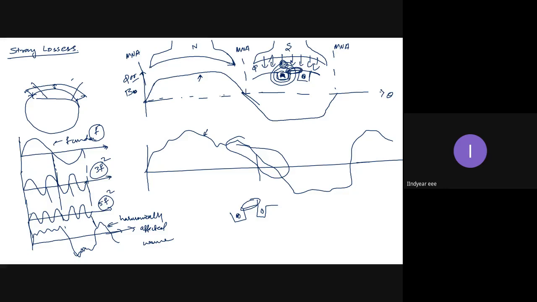So there are additional eddy current losses in the conductor, additional losses in the teeth, and additional iron losses in the core because flux is non-uniform. For these frequency components, 3f squared, my hysteresis loss is proportional to 3 into Bm raised to 7.2, since it was 3.6 earlier.